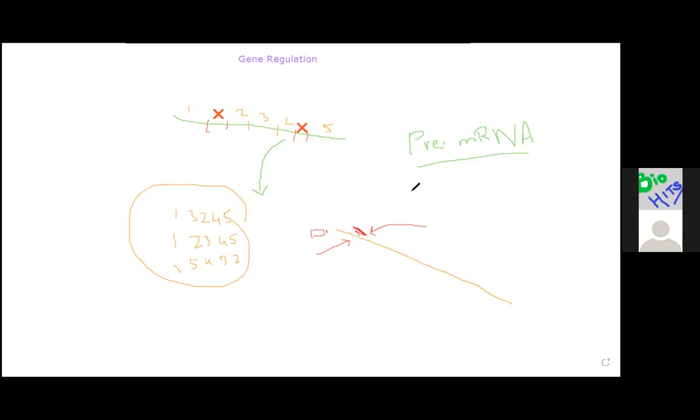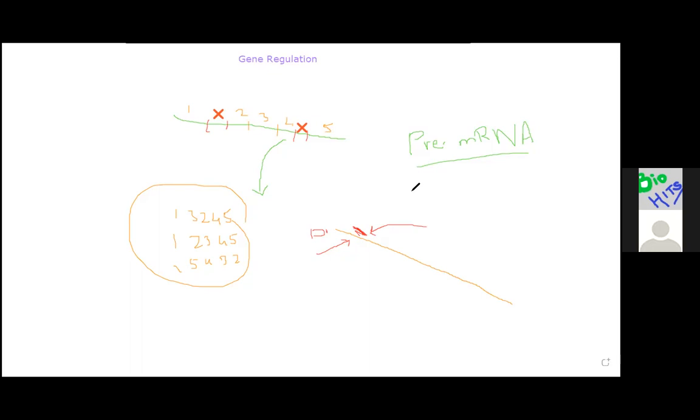Or you can say it in another way: the transcription factor is attached with RNA polymerase itself, like this. So once we say this is the transcription factor, it enables the attachment of RNA polymerase to the DNA and it facilitates the production of messenger RNA, correct?